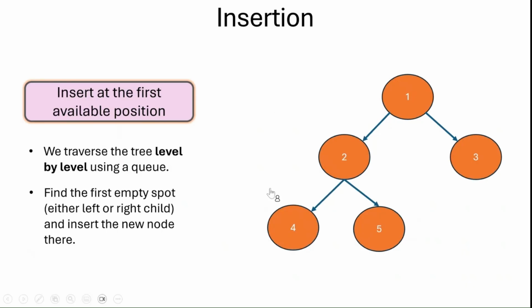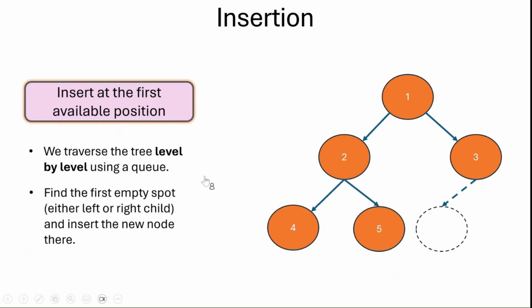When we are traversing the nodes level by level, we check what is the first empty slot in that level. It can be either a left or right child. For example, in this case, this is the empty spot, right? In this level 2, this is the first empty spot. So we can use this empty spot to insert a new node. So it is basically inserting at the first available position.